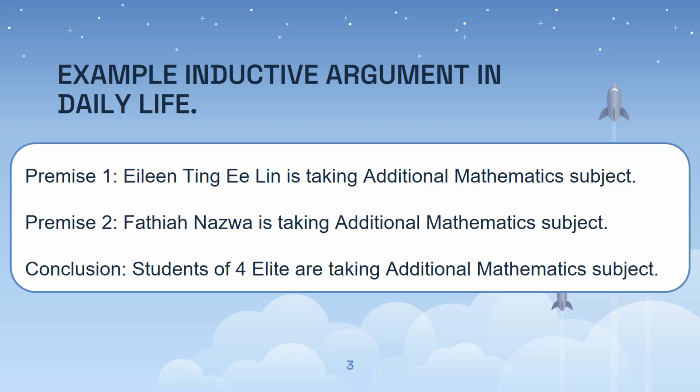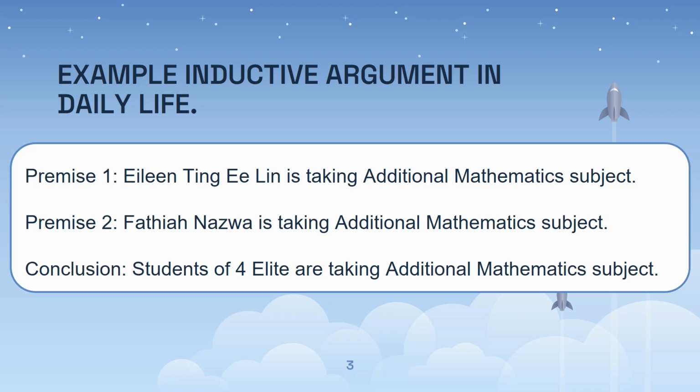First, before we learn how to form an inductive argument, we look at an example of an inductive argument in daily life. Premise 1: Eileen is taking the additional mathematics subject. This is a specific premise.